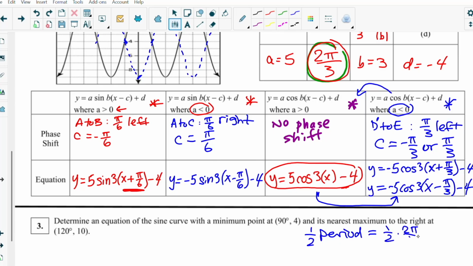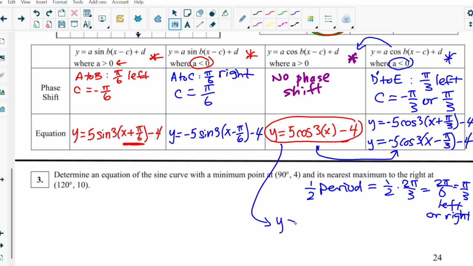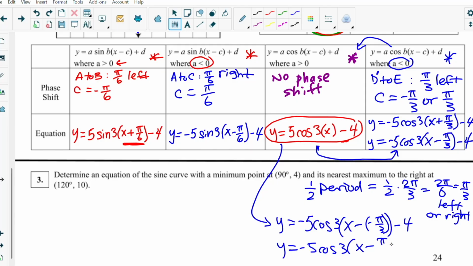Half of 2 pi over 3, and that's 2 pi over 6, or pi over 3, left or right. So if I take this equation, y equals negative 5 cosine of 3, I go pi over 3 left or right, so that's x minus negative pi over 3 minus 4, or I go to the right, negative 5 cosine of 3, x minus pi over 3 minus 4, which is exactly what we have right here for our two equations.